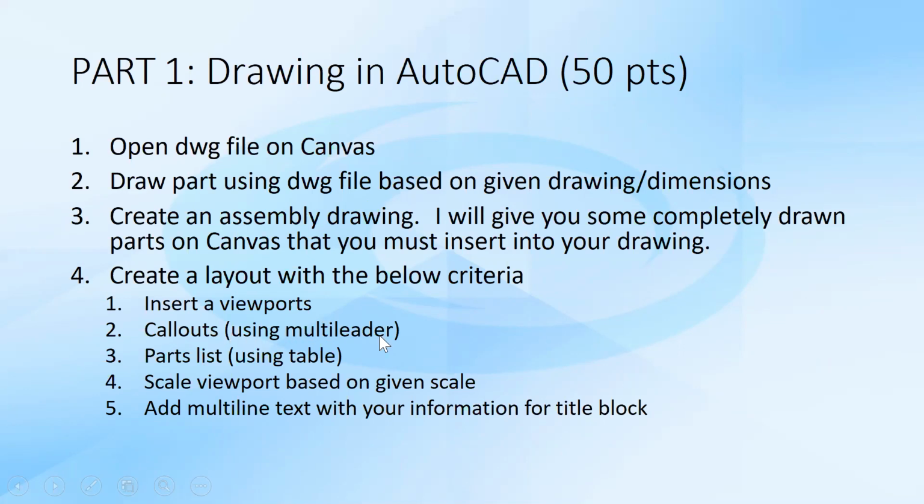So make sure you know how to format your multi-leader style so it has the circles around it, so it has the part callouts. You have to make sure you know how to add a parts list, which would be formatting your table style, then adding a table. Make sure you know how to scale a viewport based on a given scale. So my PDF and the instructions will tell you what scale to use, and make sure that your viewports are using that same scale.